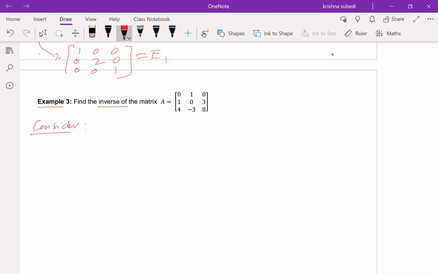In order to find the inverse for a 3 by 3 or 4 by 4 or 5 by 5, always consider the matrix A and I. Here A is 0 1 0, 1 0 3, 4 minus 3 8. And I is the 3 by 3 identity matrix: 1 0 0, 0 1 0, 0 0 1. This is our matrix.